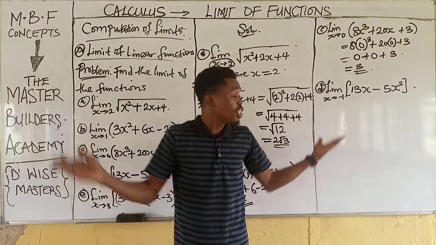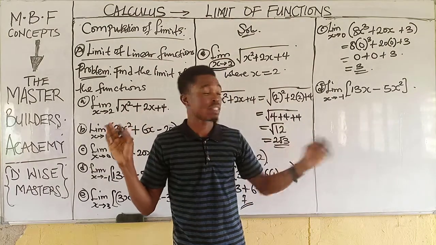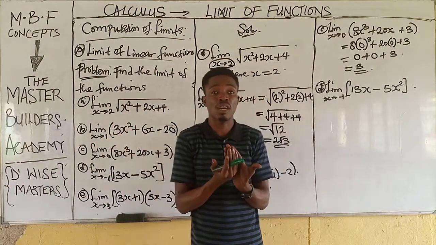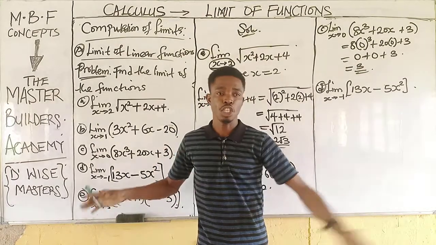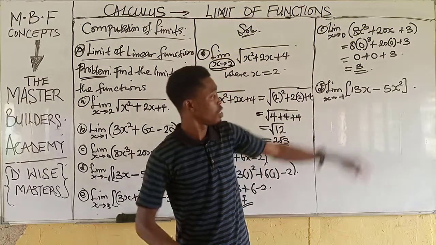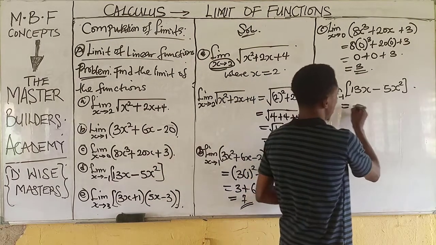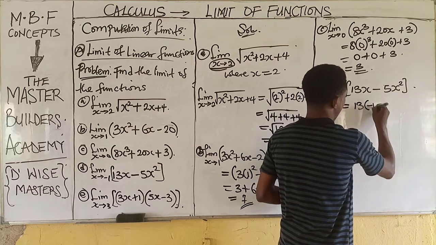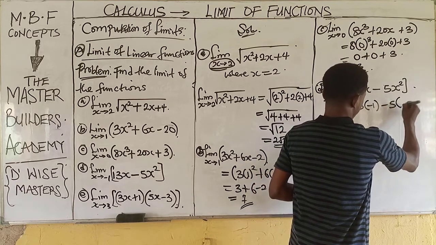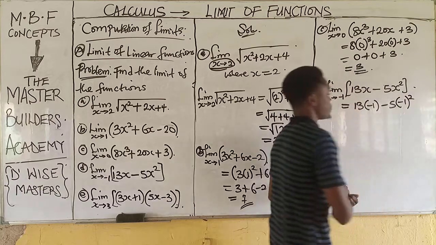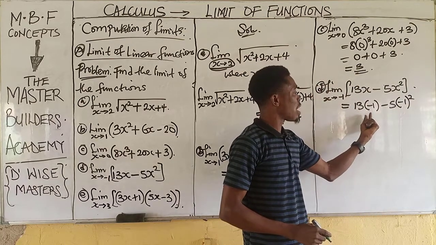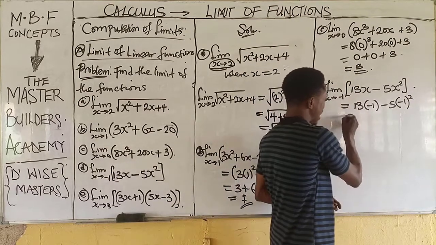All we need to do is to just get the value of x that is given, and the value of x here is -1. All I need to do is to substitute -1 into this function. And this will give us 13 multiplied by -1 plus -1 all squared. Now, -1 multiplied by 13 gives us -13.